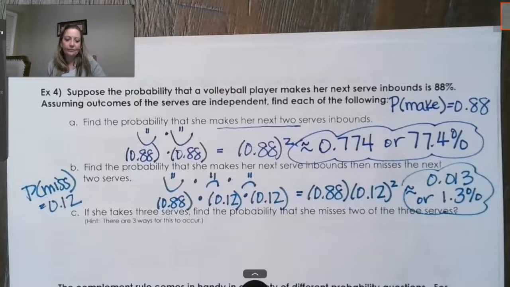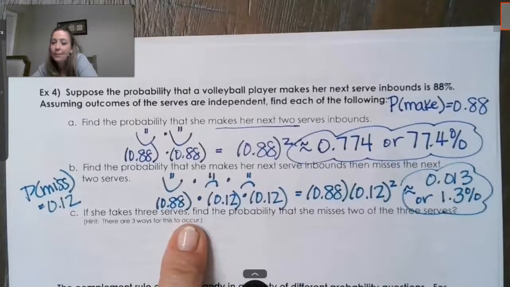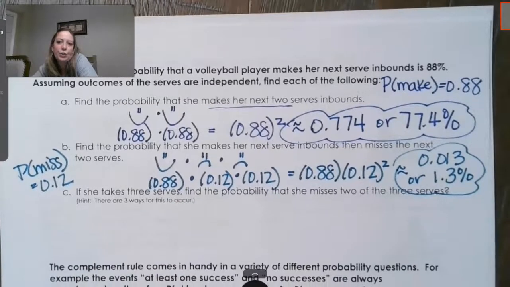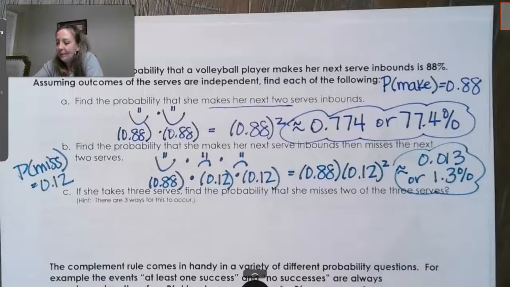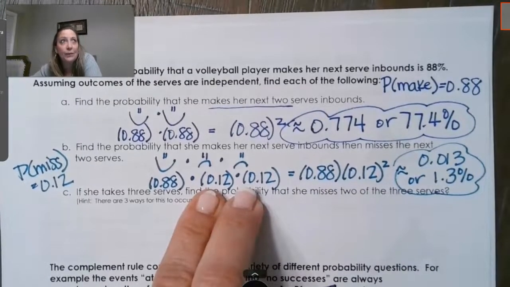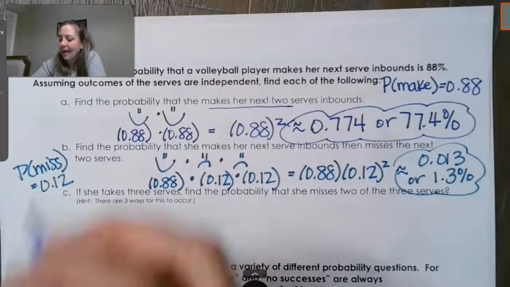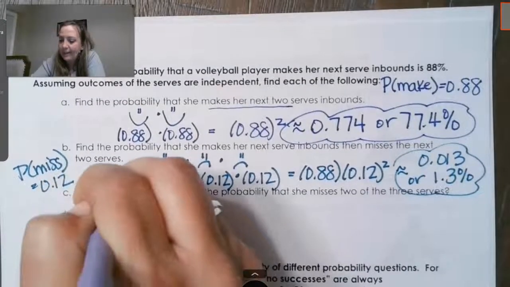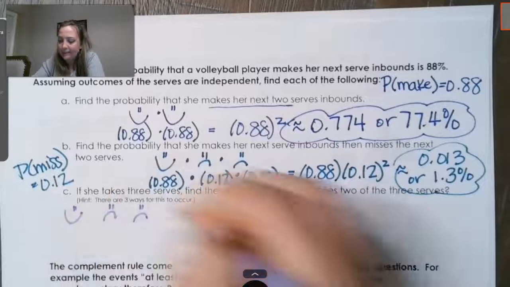So letter C. If she takes 3 serves, find the probability that she misses 2 of the 3 serves. Now we might say, oh, well, we found that here. But that's what happens if she makes, misses, and misses.